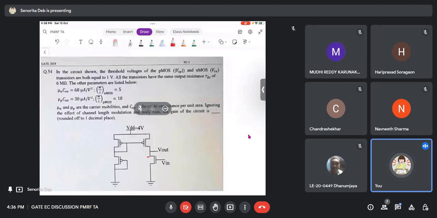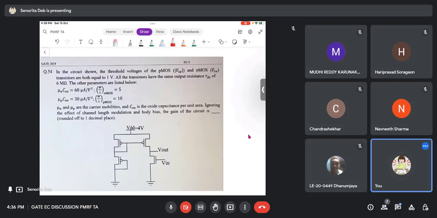Okay, so now coming to the next question. Try to remember when we did the amplifiers part, because this question is related to that. In the circuit shown, the threshold voltages of the PMOS and NMOS are both equal to 1 volt. Let me write it down: VTN equals |VTP| equals 1 volt.